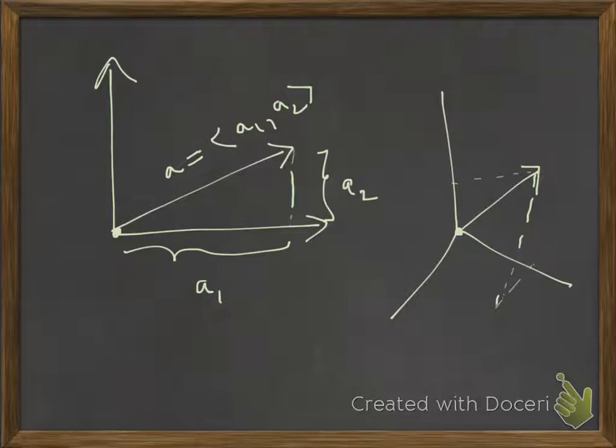So in this case, our vector A would be equal to <a1, a2, a3>. So it is often useful to describe our vector in terms of its components.